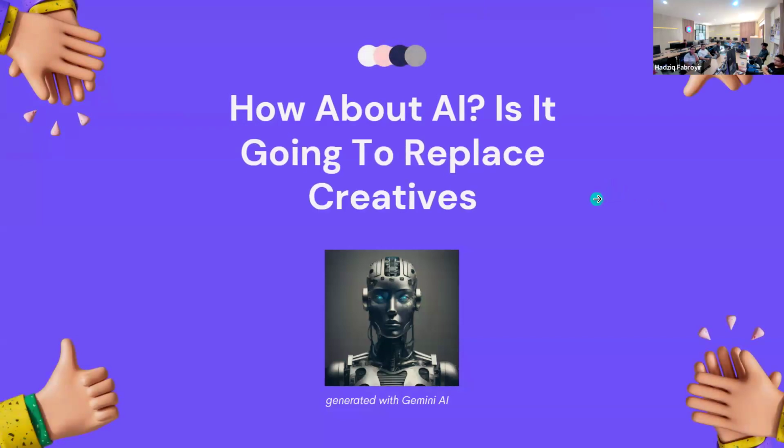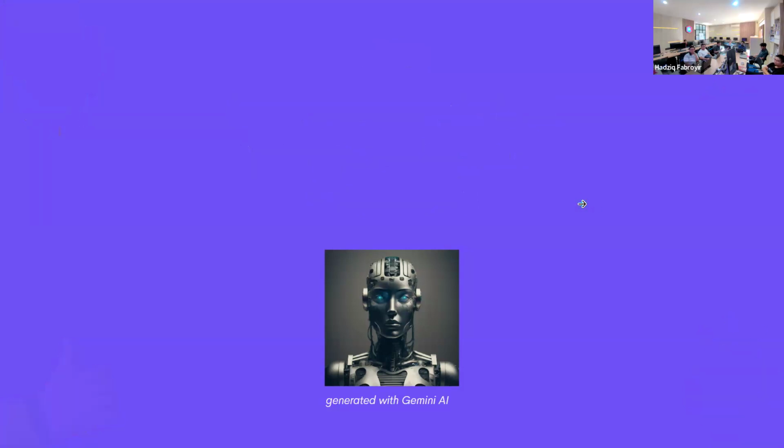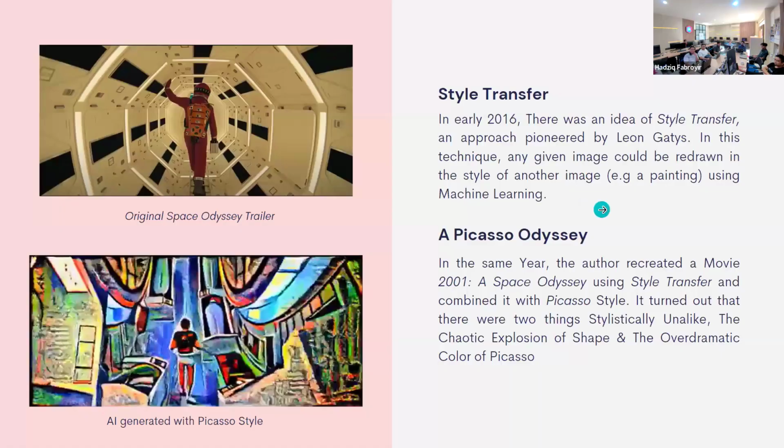Okay, that was about the design system. What about AI? Is it going to replace creatives? Okay, the author starts the introduction with a concept from early 2016: the idea of style transfer. This approach was pioneered by Leon Gatys.